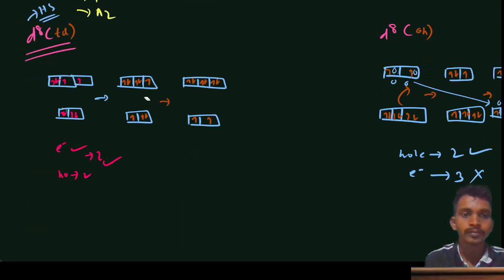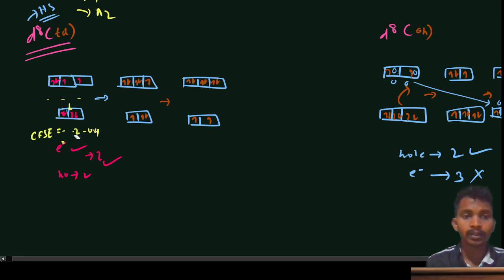Okay, so now calculate the CFSE value for both cases. Here, if I calculate the CFSE value, you see that this cancels out, this is 2, and for this 6, that is 0.4 multiplied, and this is 1, that is 0.4, minus 0.4, that is going to get 0. This is minus, because this is the negative side, so minus 1.2, and this is 0.2.